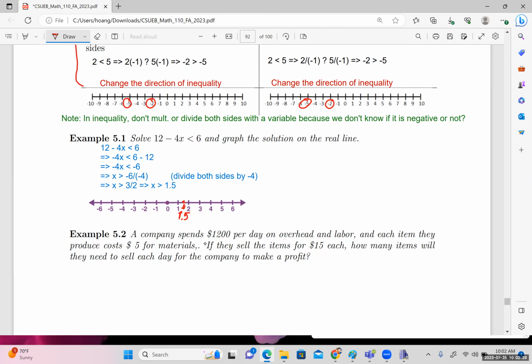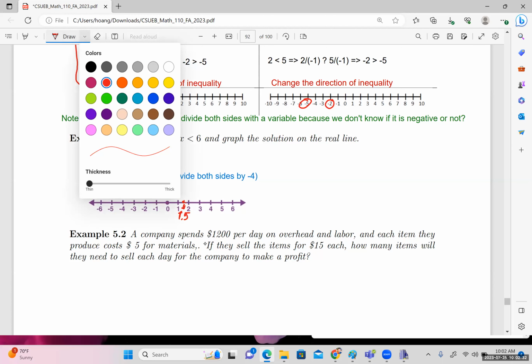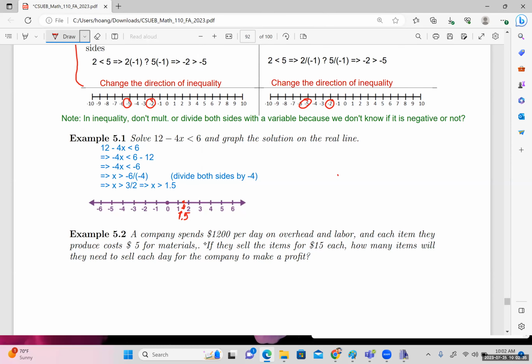Then this says that x is greater than 1.5. So that means I have to have a line go all the way to positive infinity from 1.5. But do we include 1.5? It's greater than 1.5, which means you do not include 1.5, right? So you must have an open circle there.